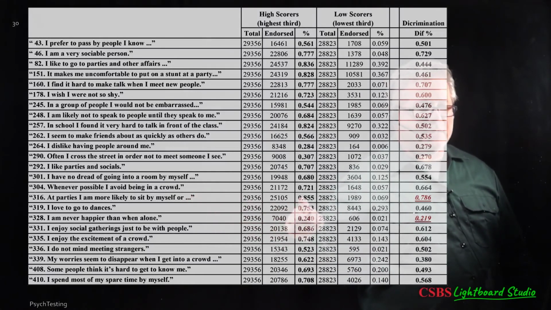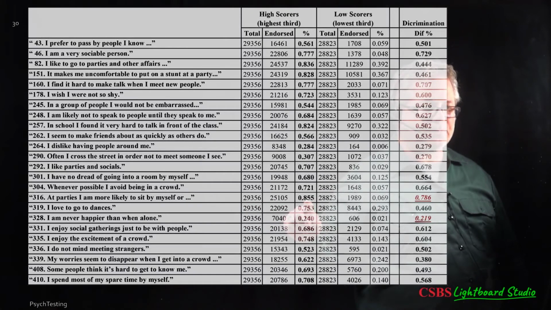Of the highest group on this scale, 85% of them endorsed it, but on the low end, only about 7% did. That difference tells us that this item is the most discriminating when it comes to social anxiety. This one item tells us the biggest difference between the highest and lowest groups.